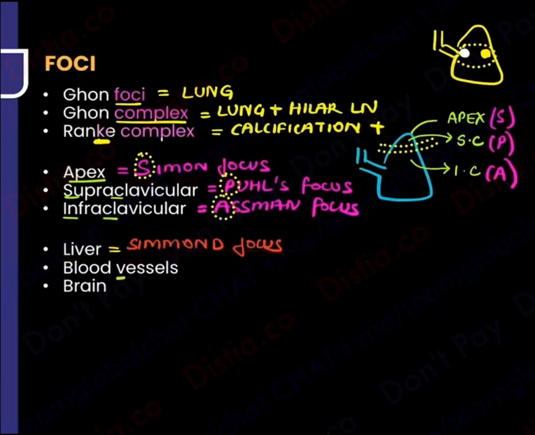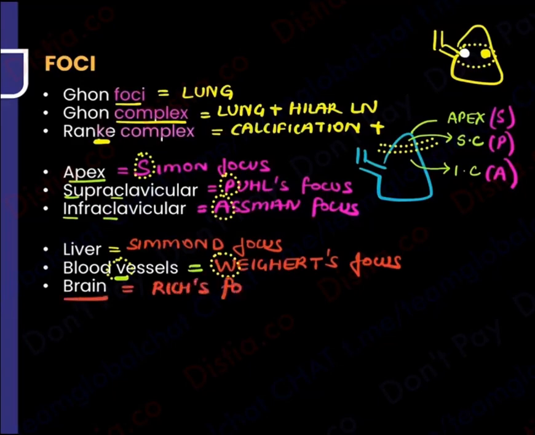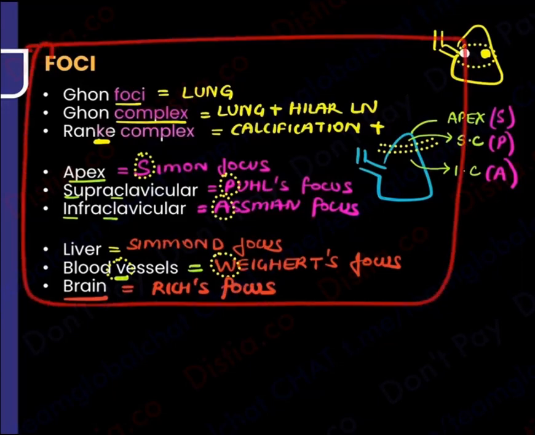If it occurs in the vessel, V for vessel, V for Weigert. So I have a different spelling, W. So Weigert's focus is basically going to be TB in the blood vessel. So simple, Weigert for vessel. And in the brain, now think guys, brainy people are always rich. Okay, so Rich's focus. Rich's focus is going to be in the brain. These are all the foci that you have in tuberculosis.